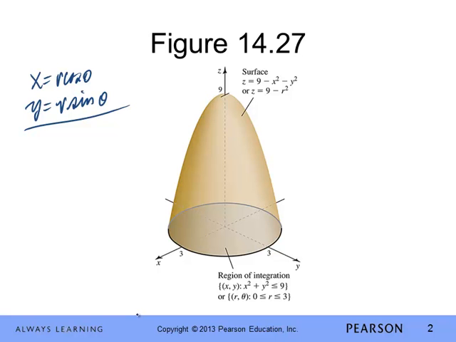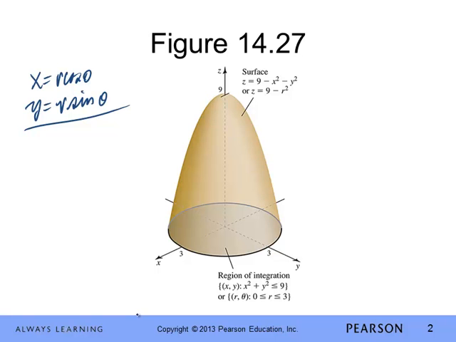Okay, so here's the idea. From 14.1 to 14.2, we were thinking that the volume under the surface could be calculated by integrating the function z equals 9 minus x squared minus y squared over this region on the xy plane. It's a circle, right?